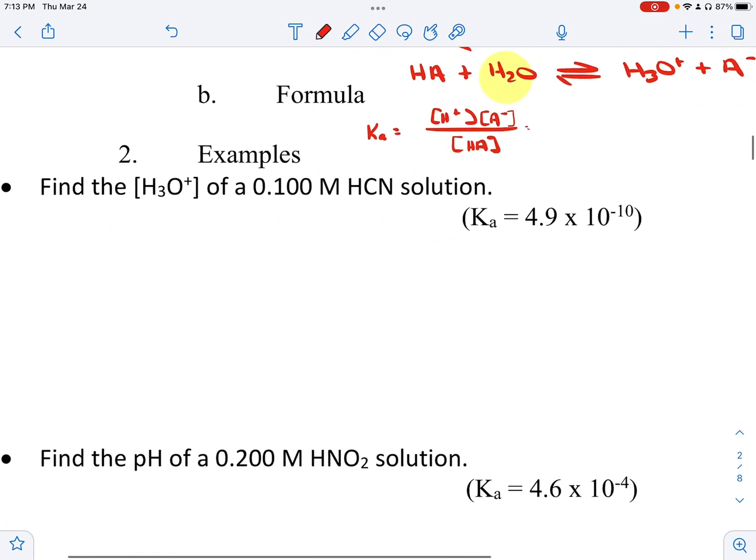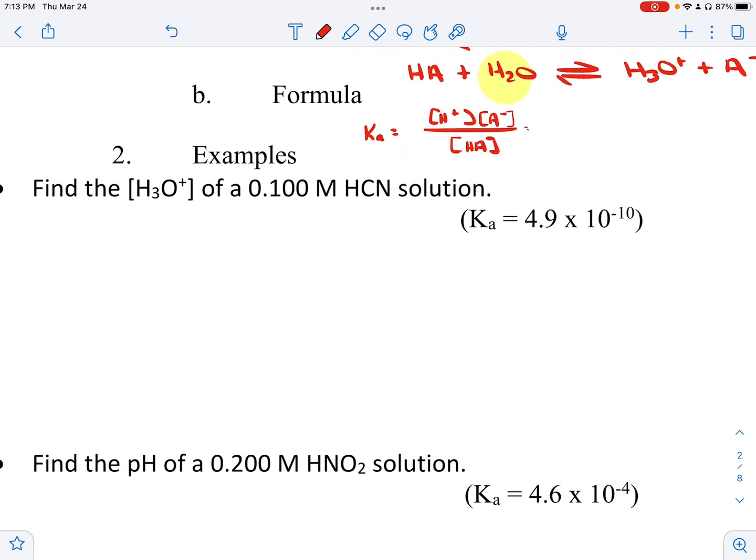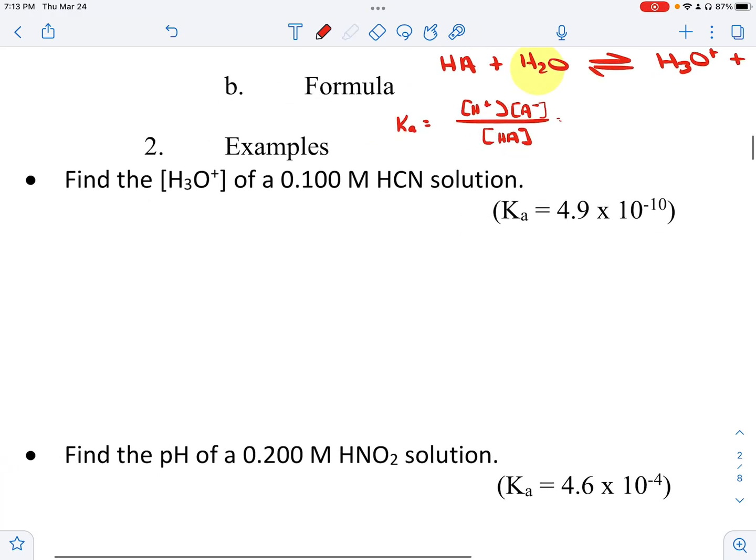All right, so let's see if we can't put this into practice. It's going to hopefully be a good review for us because it is exactly like what we did before. So what we're looking for in this one is the hydronium ion concentration. We have our beginning concentration and we have a Ka. So the first thing that we need to do is write a reaction. So we're going to take HCN.